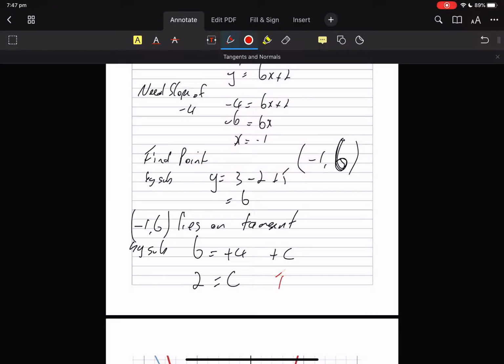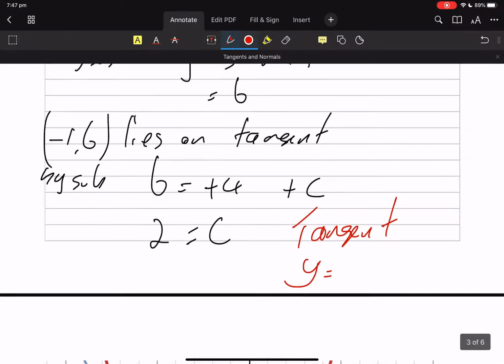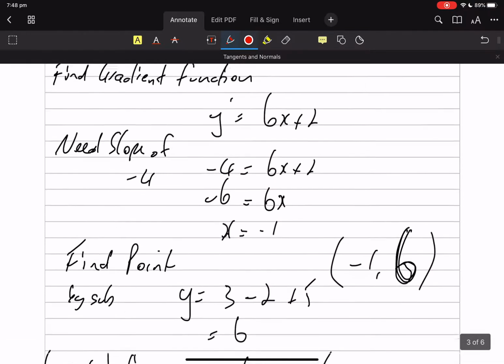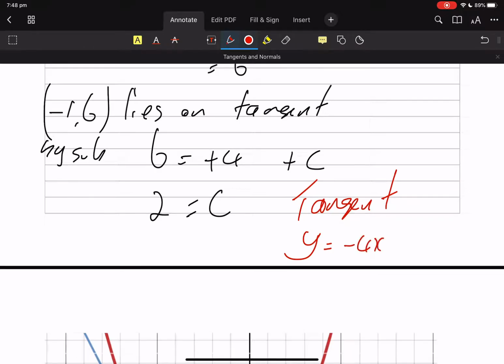So our tangent is y equals minus 4x plus 2.